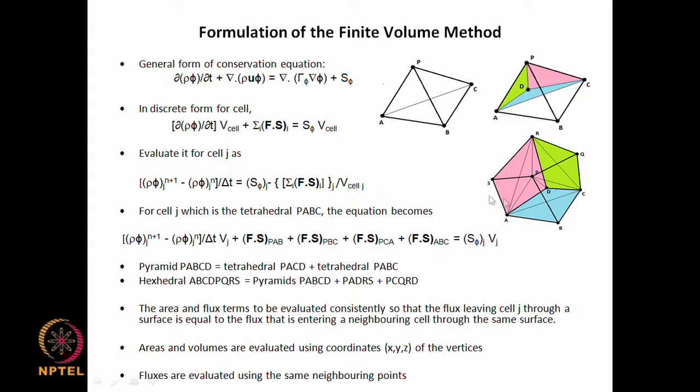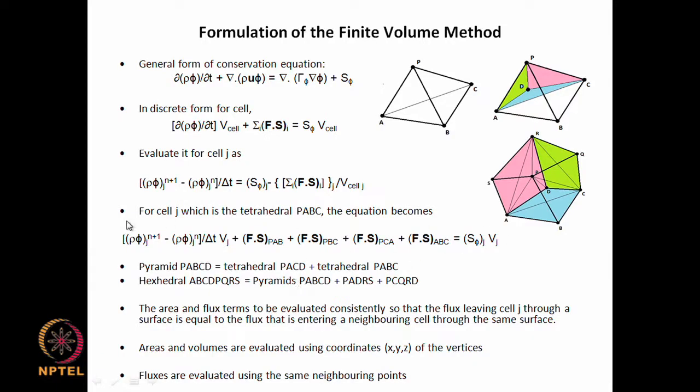Okay. So, if we now want to evaluate this, it is still not yet in a solvable form, because we obviously have phi j n plus 1, but unless we know what these fluxes are, we are not in a position to evaluate this. The source term is something that needs to be specified and evaluated. Okay.